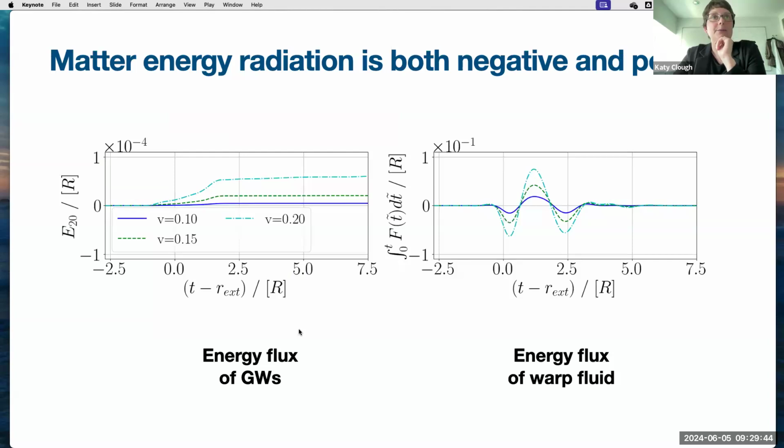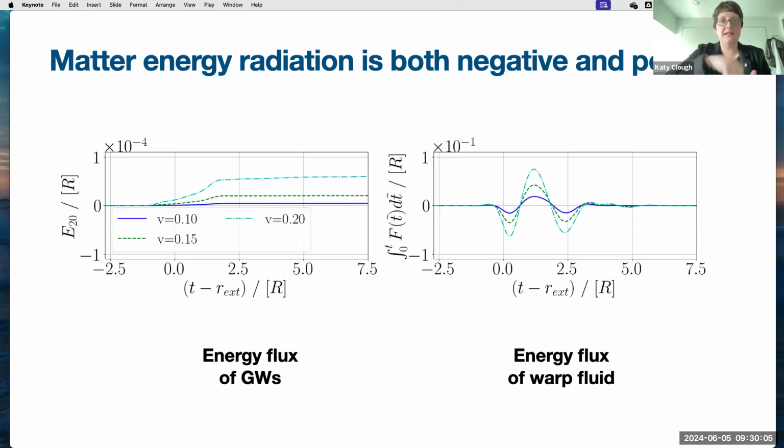Let me tell you a little bit about the fluxes. For the energy of the gravitational waves, you can see that there's just some increase. This is the integrated energy. In this case, it's in the 2-0 mode, but you get the same thing for the total energy radiated in gravitational waves.